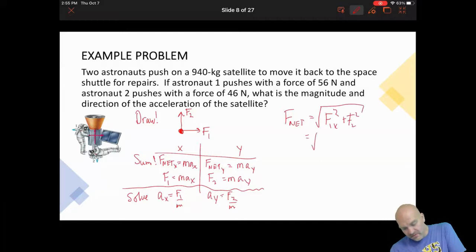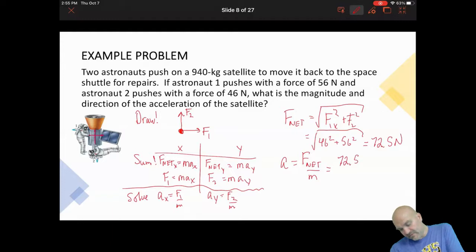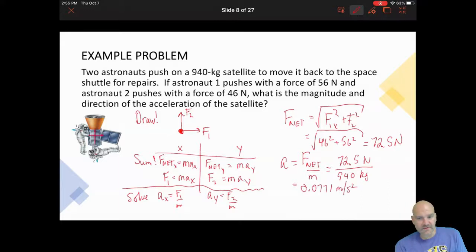All right, so it's going to be the square root of 46 squared plus 56 squared. And so that's going to give me a net force of 72.5 newtons. And then I can find the acceleration by doing F net over m, so 72.5 newtons divided by 940 kilograms. And that's going to give me an acceleration of 0.0771 meters per second squared. So you can see it's not a big acceleration.